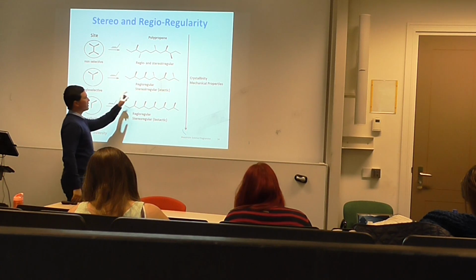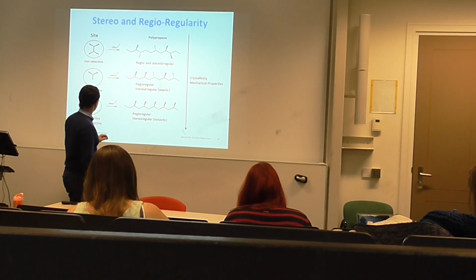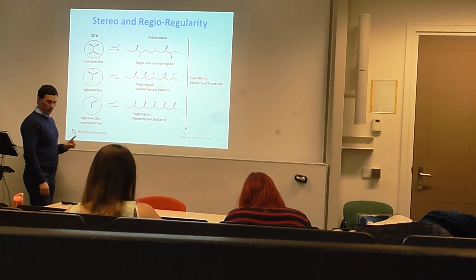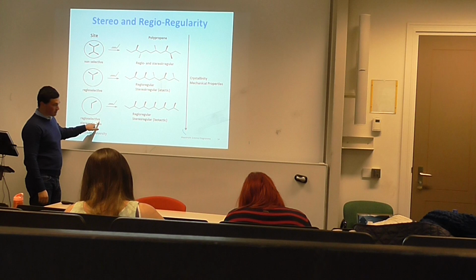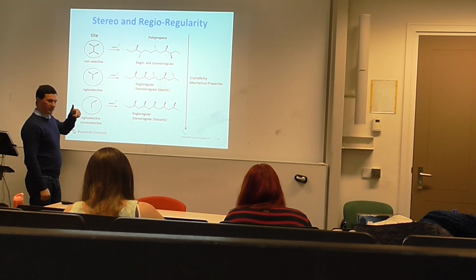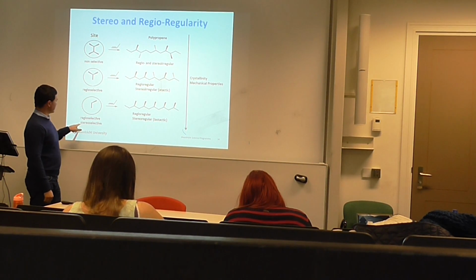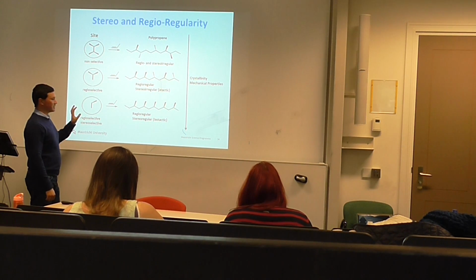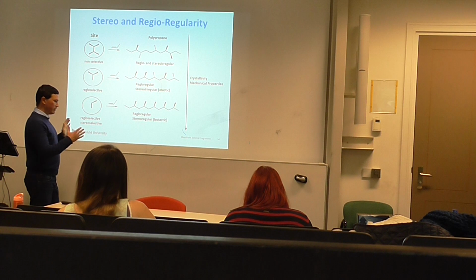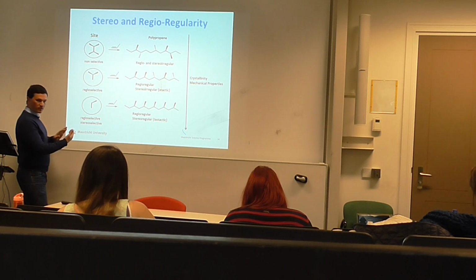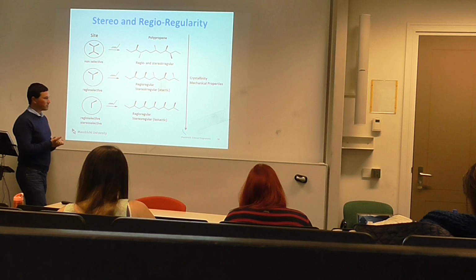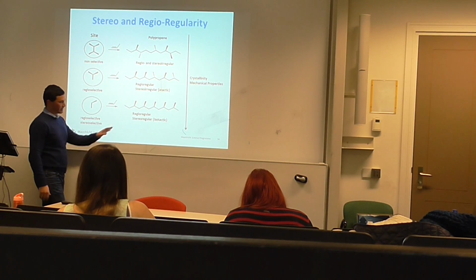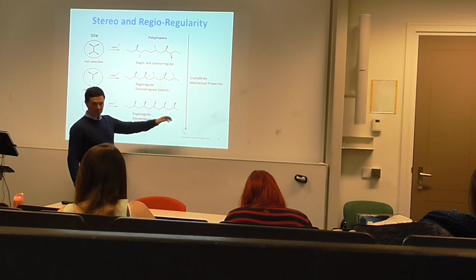We call this kind of polymer atactic. If your site is regioselective and stereoselective, which means the methyl group is always pointing up, and your active site can differentiate between the R and S face of your alpha-olefin, you have a regio-regular and stereo-regular polymer. In this case, it's called isotactic.